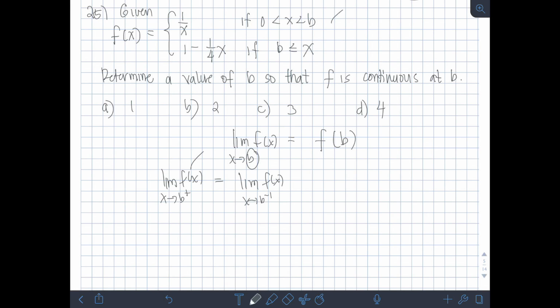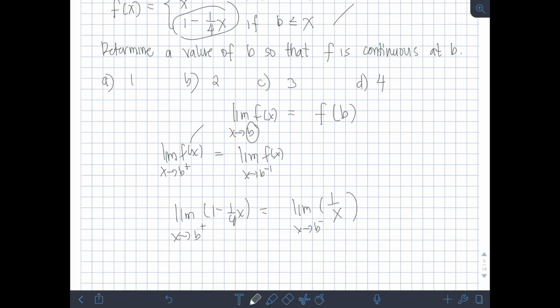So since ito yung given nating interval, so ito yung gagamitin natin para sa right hand side limit, itong b is less than or equal to x. So parang limit of itong function natin na 1 minus 1/4 x as x approaches b from the right is equal to, dapat limit of, ito naman from the left, dapat itong function gagamitin natin kasi less than b yung x dito, yung 1 over x as x approaches b from the left.